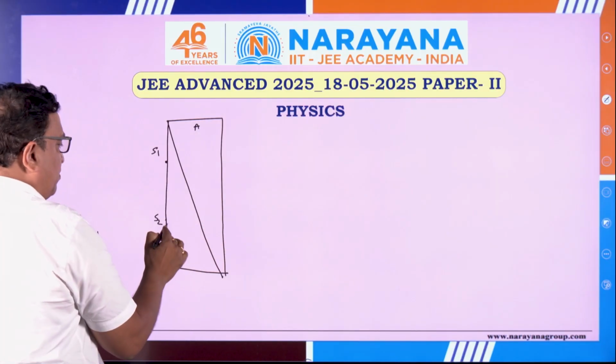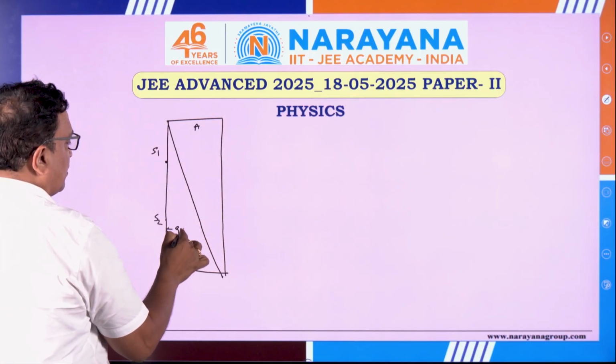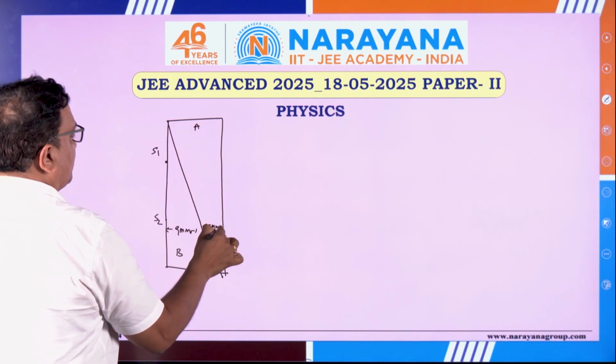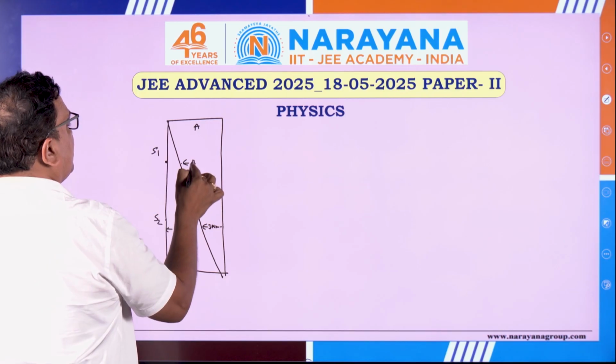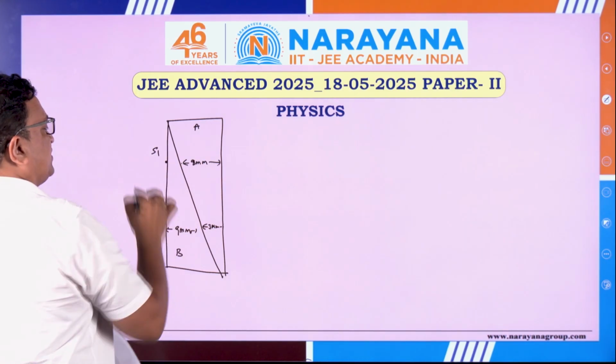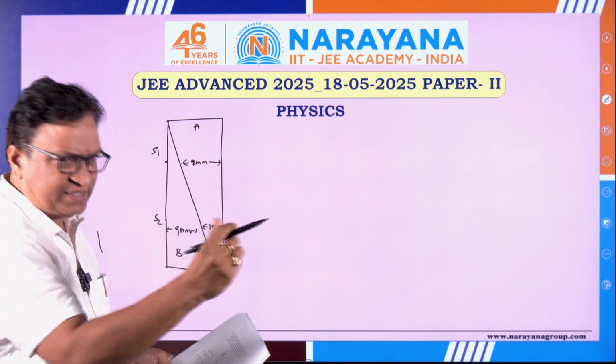Here it is 9 mm, 3 mm. Same thing you can have here. 3, this is 9 mm and this is 3 mm. I took it as if two sheets.